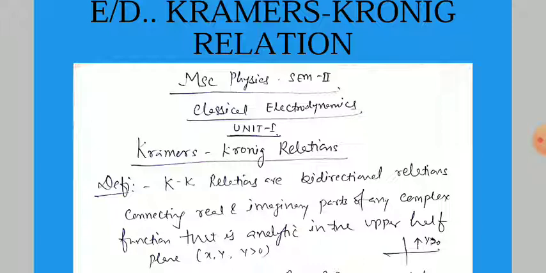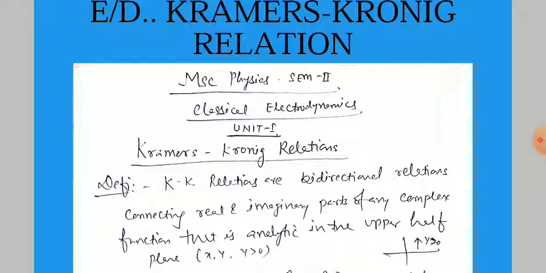The key relations are the bidirectional relations connecting the real and imaginary parts of any complex function that is analytic in the upper half plane. We can say y is greater than 0. What does this mean? These are the relations which correlate the imaginary and the real part of any complex quantity.